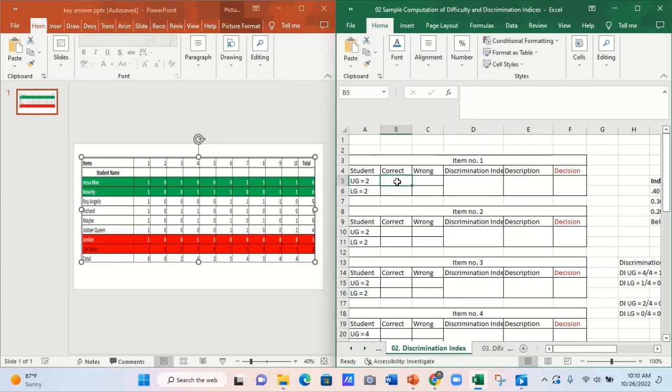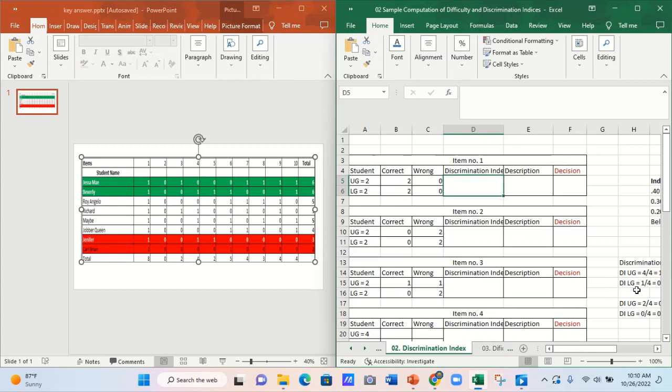Okay, so now we just copy again how many are right or wrong. For item number 2, zero. So 0 up to 1, 2, 0.